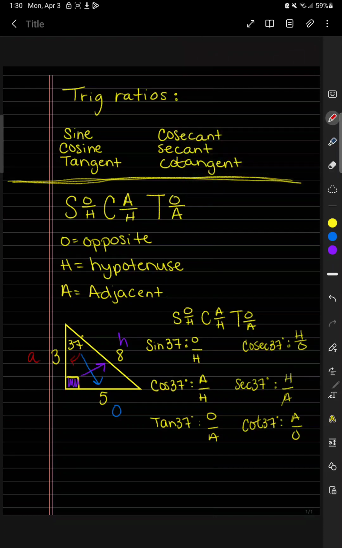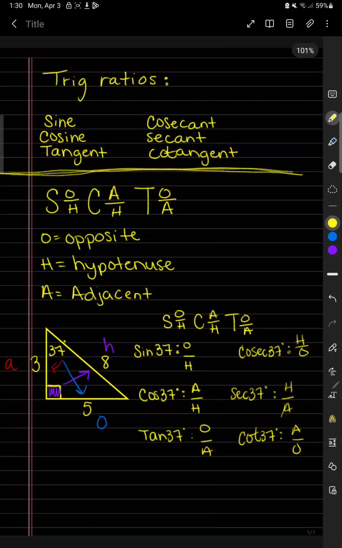So we have A here. Now we're just going to go through and replace the letters with the numbers in that position. For the first one, we have opposite over hypotenuse. So O is 5, H is 8, which is our hypotenuse. So 5 over 8 is our answer for this one.